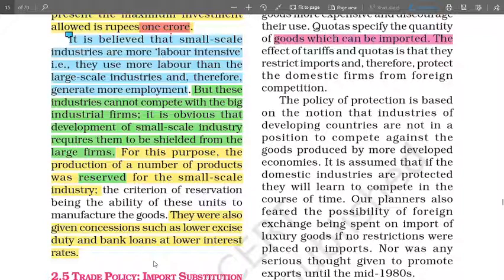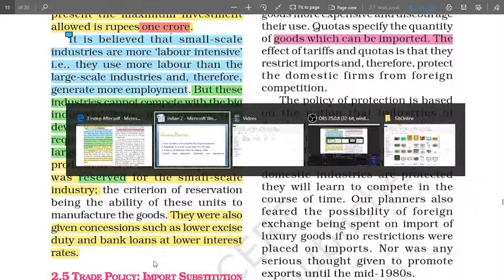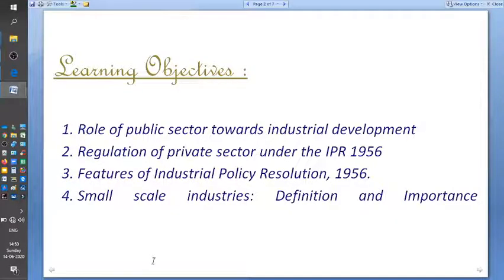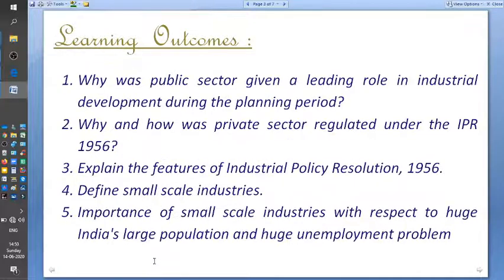Now we have talked about this important sector of industry because we understand that if you want to develop a country, you need to develop industries. Industrialization is like a key towards development of the country. So that's what we talked about in this session. What have you learned?